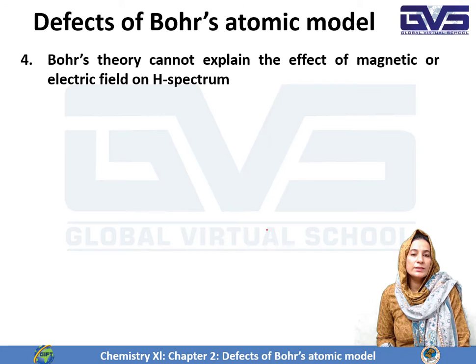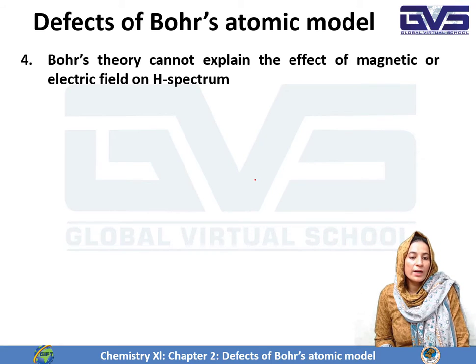The fourth one is that Bohr's theory cannot explain the effect of magnetic or electric field. First you have to understand the effect of magnetic and electric field. When a magnetic or electric field is applied on the hydrogen spectrum, there is further splitting of the lines.